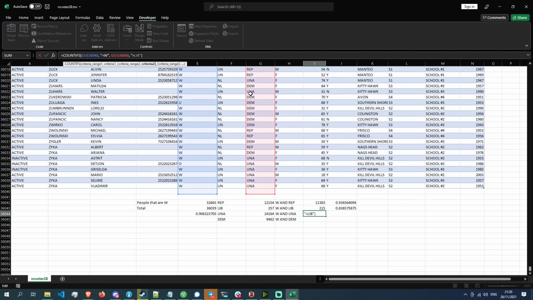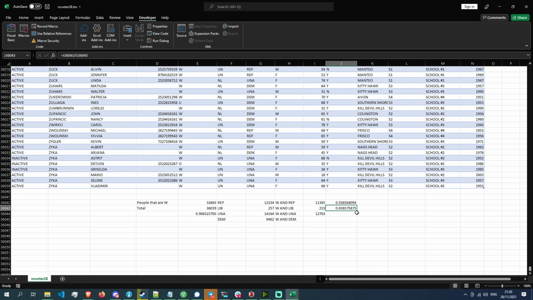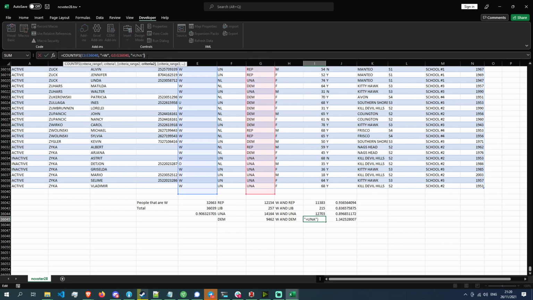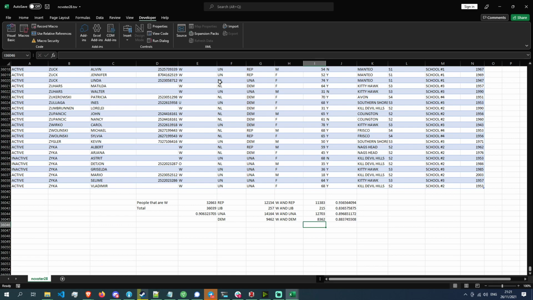Let's continue. How many white people are UNA? Okay, that's a lot of percent too. That's 90%. And how many white people are Democrats? Dem. 8,362. So 88%. This might not actually be the best.